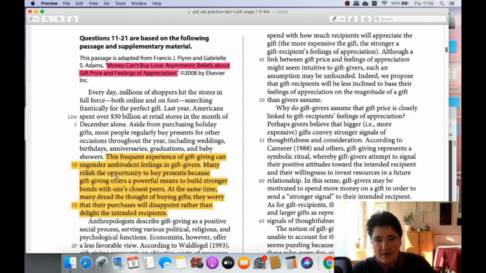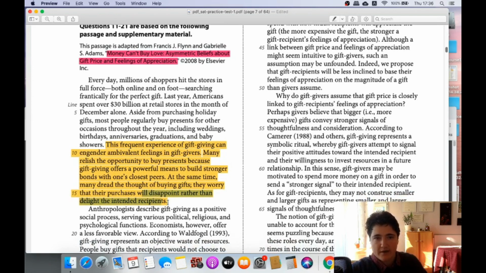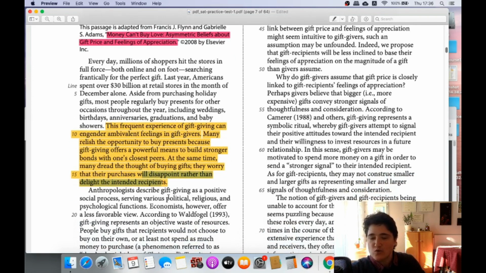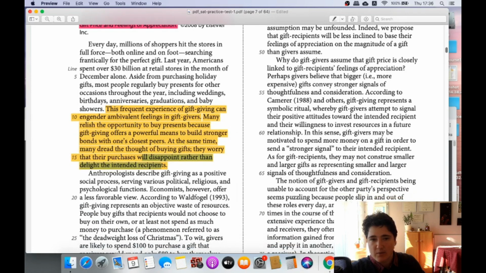Well, some people think that gift giving offers a means to build stronger bonds, while other people are afraid. They dread the thought because they're afraid they will disappoint whoever they're giving the gift to. Okay, so now you know what this whole text is going to be about.